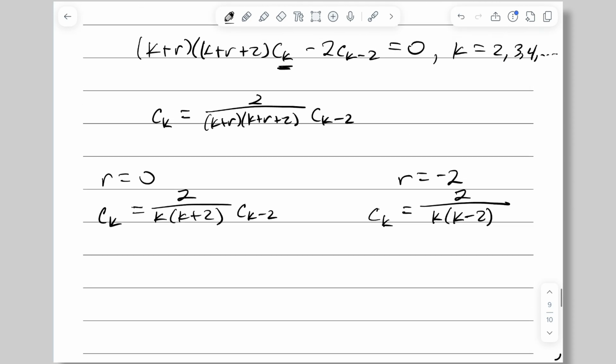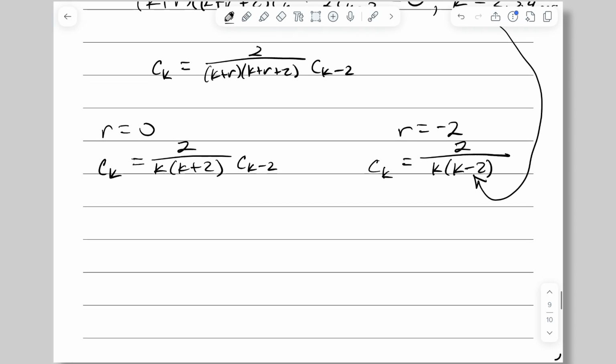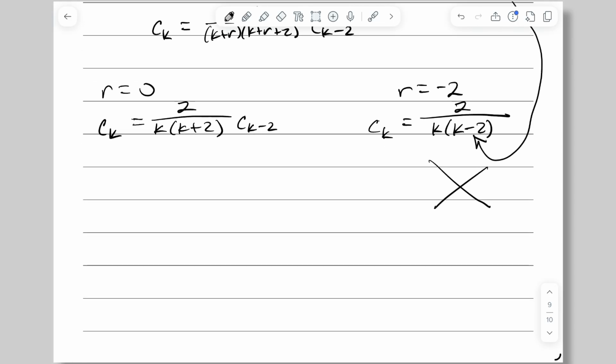Folks, we have a problem here. k is supposed to start at 2. If I put k equals 2 into a denominator, k minus 2 equals 0, we get an undefined expression. Those are going to be no good to us. So we're going to do our work exclusively for the r equals 0 indicial root.